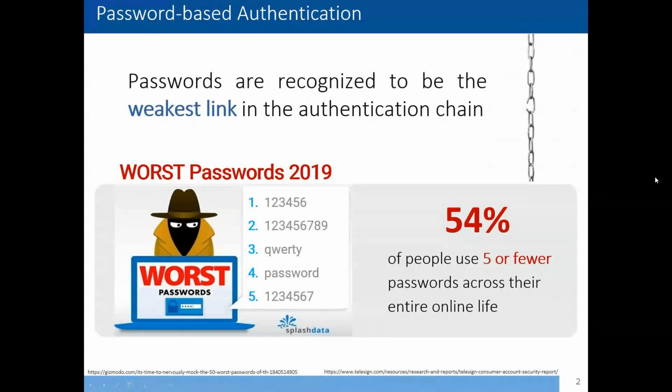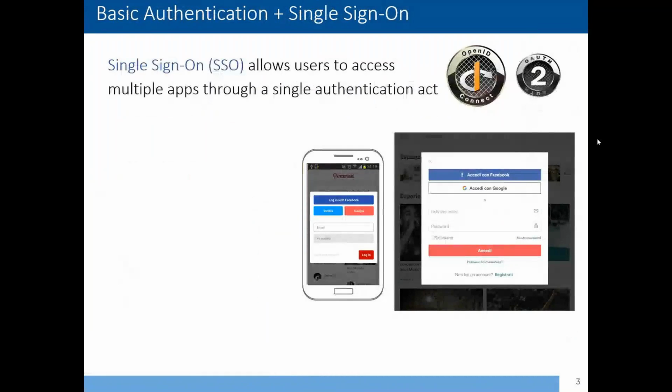As you may know, passwords are recognized to be the weakest link in the authentication chain. To provide you an example, these are the 5 worst passwords of the last year. So to provide a way for the user to choose a complex password and access different services, a good design choice is to combine password-based authentication with a single sign-on solution.